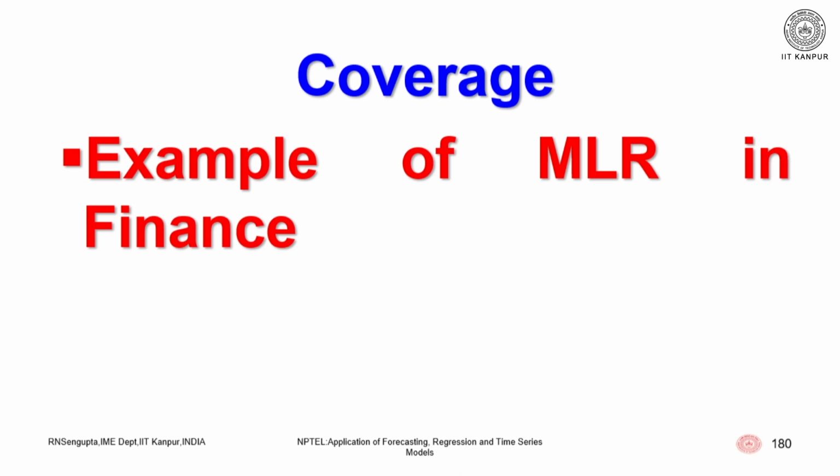As you know, in the last lecture we considered model 1, where we want to find the returns of Tata Motors depending on NSE 50 as x1, the first independent variable, rupee to US dollar as the second independent variable, and Brent crude price as the third independent variable.